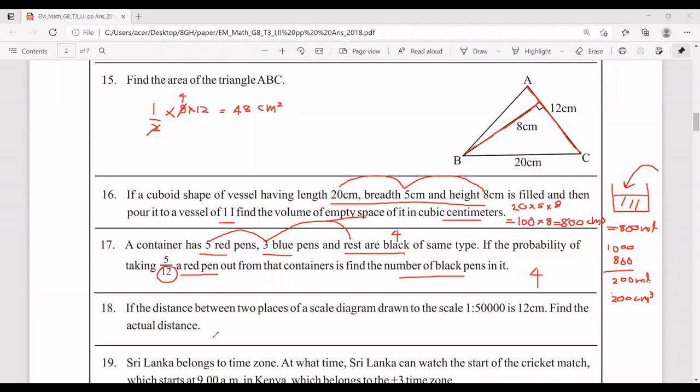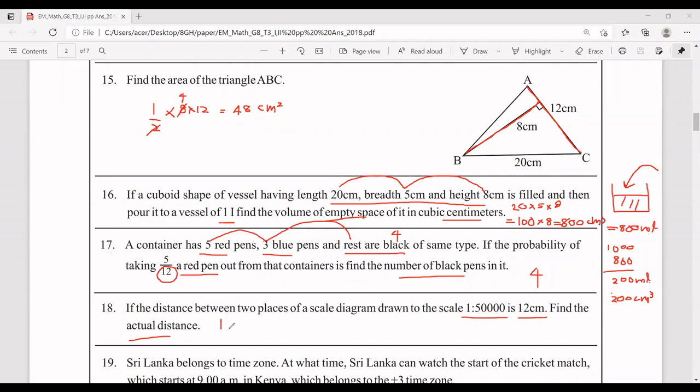Then the 18th one. If the distance between two places on a scale diagram drawn to the scale of 1 to 50,000 is 12 centimeters, find the actual distance.